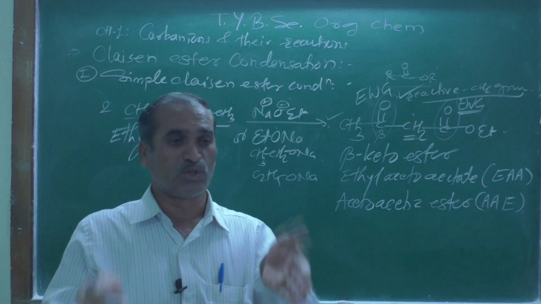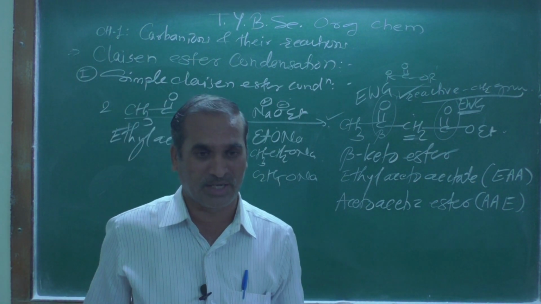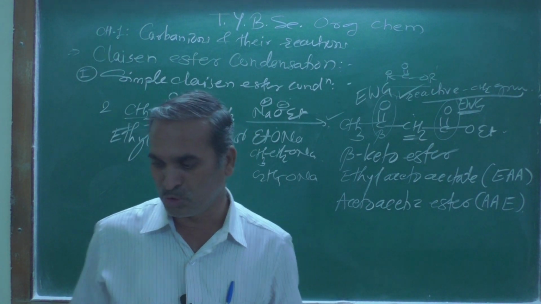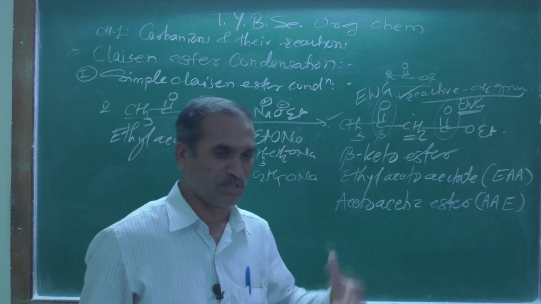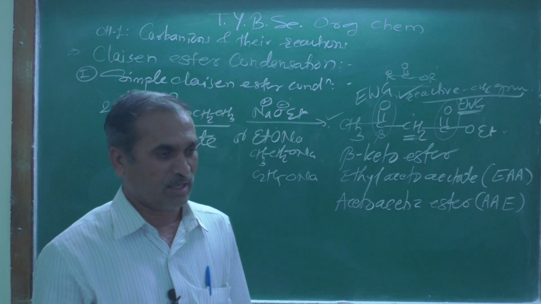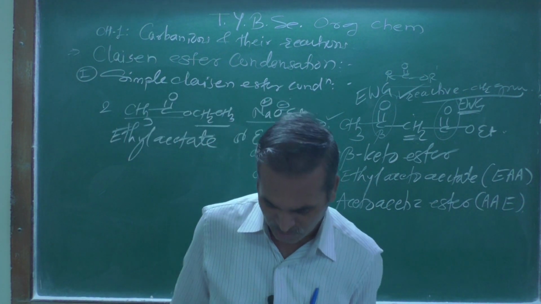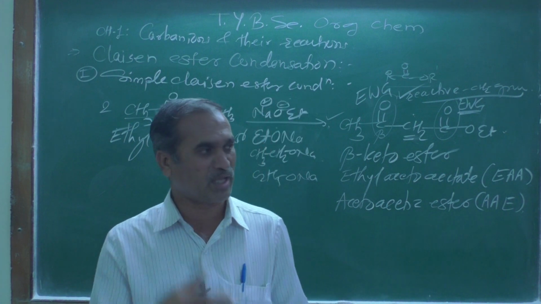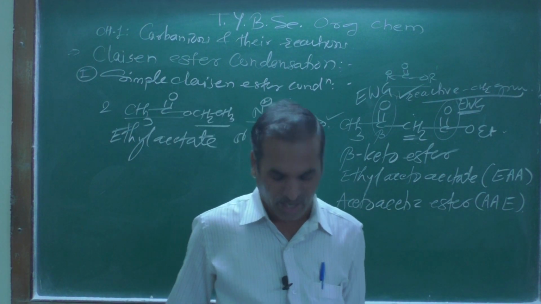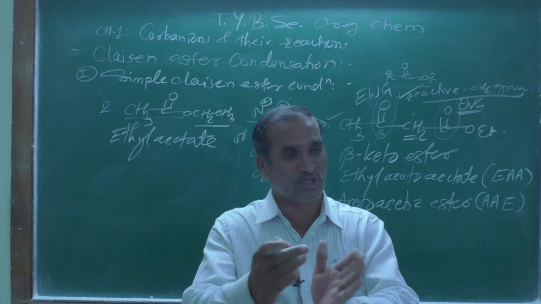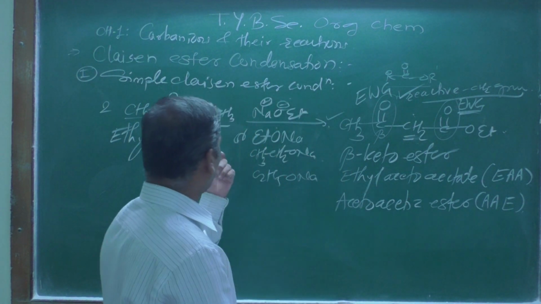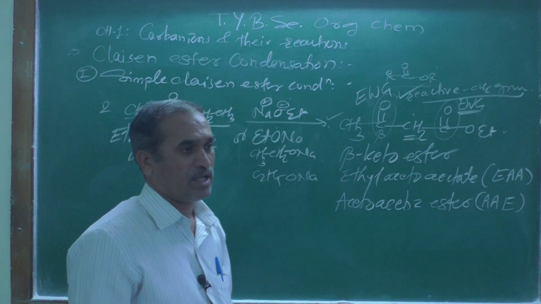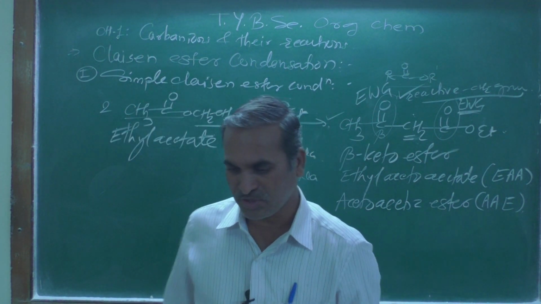Now I am going to show you the mechanism, how it takes place. Let me again tell you the definition of mechanism. As we know, mechanism is the language of organic chemistry: a detailed study of the sequence of steps involved in the conversion of reactant into product is known as reaction mechanism.